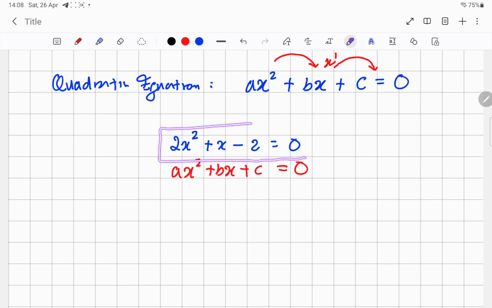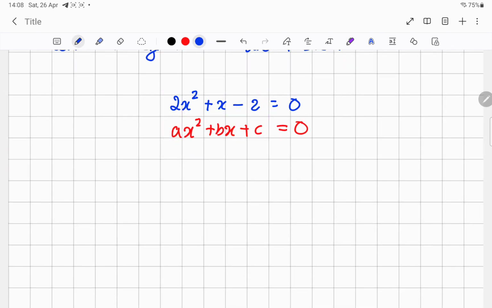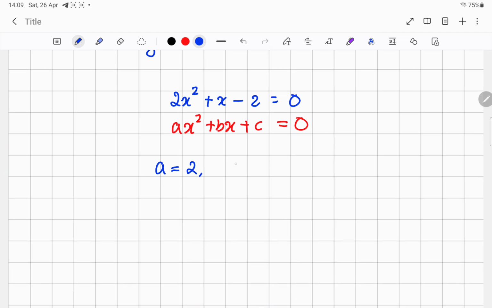Make sure your quadratic equation is in the same arrangement: it must start with x squared first, then x, and finally no x at all. Then you can compare. a equals 2, b is actually 1, from 1x, and c equals negative 2. So a equals 2, b equals 1, and c equals negative 2.